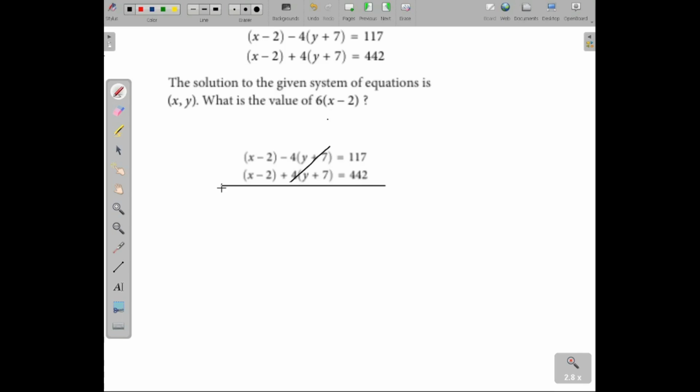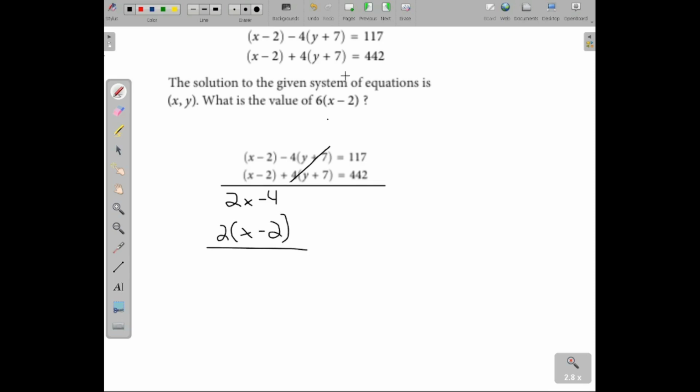In this part, we can just add the x, like 2x, x plus x is equal to 2 times x, and negative 2 minus 2 will be negative 4. Or we can just take as 2 times x minus 2.